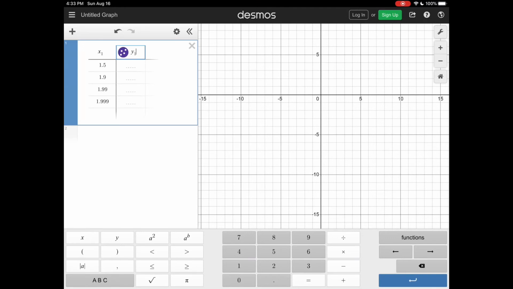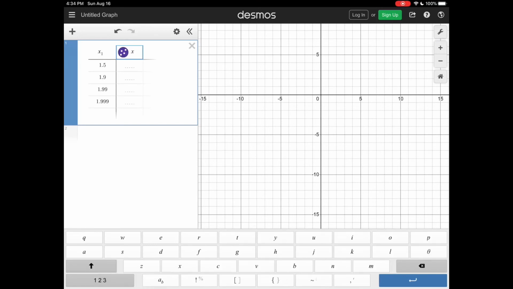Up here at the top of the table where I've got y1, I want to change that, and I want to write my function equation. So I want to write x, and then the way I make the little subscript is I do an underscore. I just have to locate the underscore on this particular keyboard.